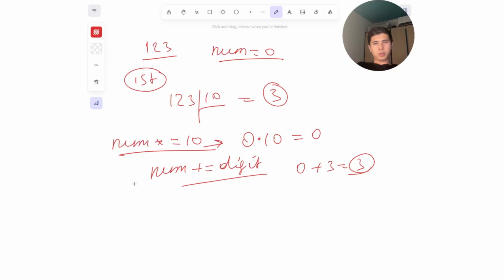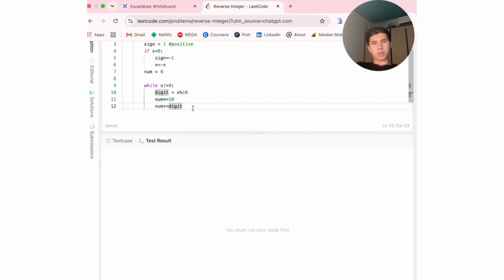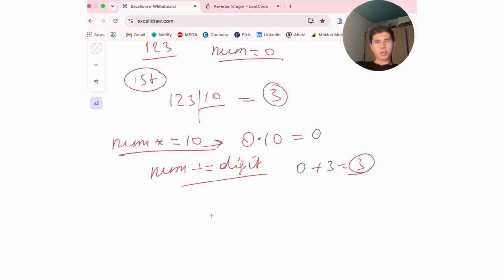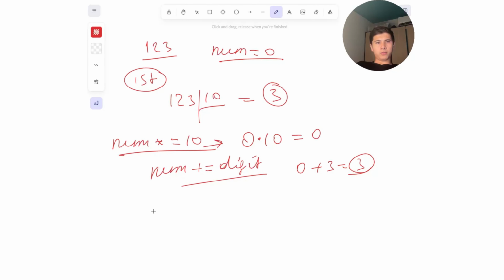And finally we write here that after that process, x integer division by 10, and then we write the number multiplication equals sign, just for the positive or negative side. So the last process in the first iteration is that x integer division equals 10.